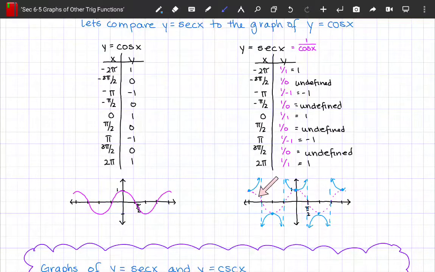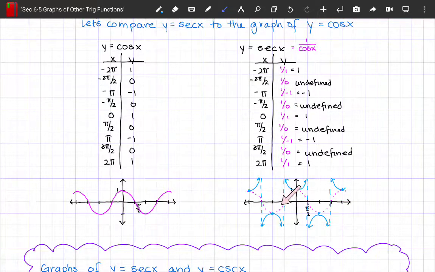Another thing to keep in mind is that, let's say at this value, y is 1/2. Well, the reciprocal of 1/2 is 2. So the y value is 2. It's much greater. And that's what's happening: these values that were less than 1, when we take the reciprocal of them, they become greater than 1. And that's what's making the graph go up like this.